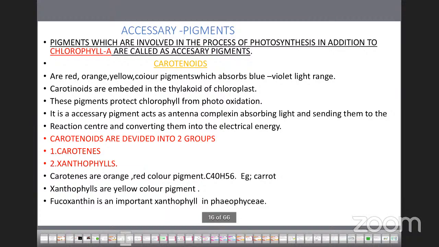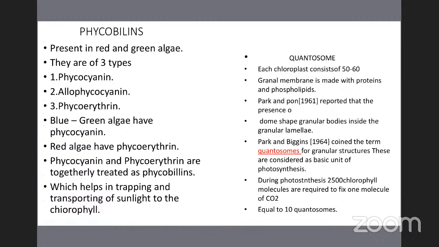Next, another accessory pigment is phycobilin. It is available in red and blue-green algal members, and phycobilins are of three types: phycocyanin, allophycocyanin, and phycoerythrin. Phycocyanin and allophycocyanin are blue color giving pigments, and phycoerythrin is red.